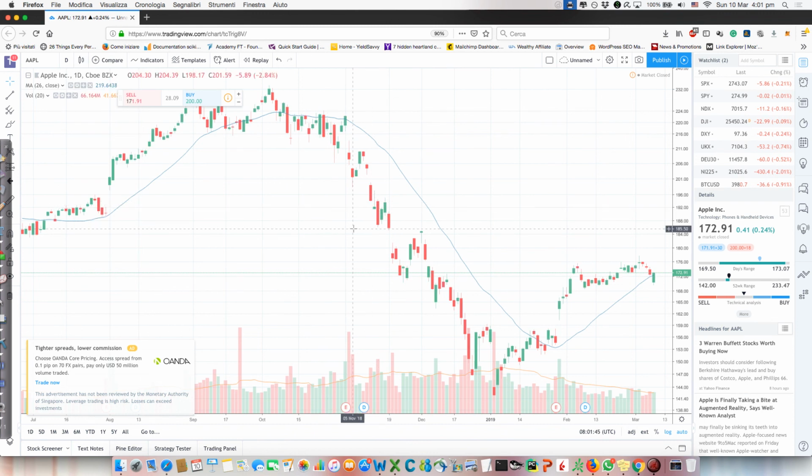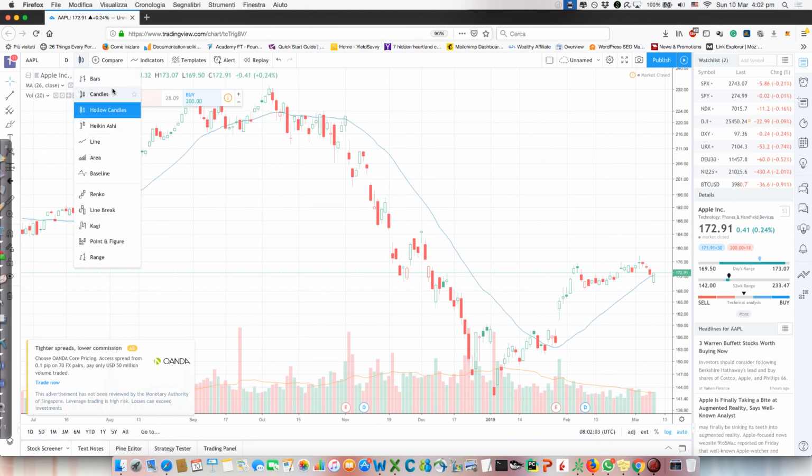So that's why, when you use this setting and you have in your mind this idea that green means bullish and red means bearish, when you move to this one you have to be careful, because you may have green or red candles that are actually bullish.